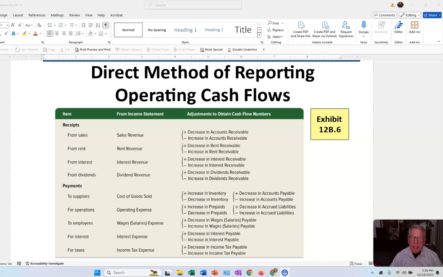I think it really does simplify how you would convert cash receipts and cash payments from the income statement to the cash portion of that. So take a look at this in the video in the modules, and I think you'll find it very helpful. I know I do.